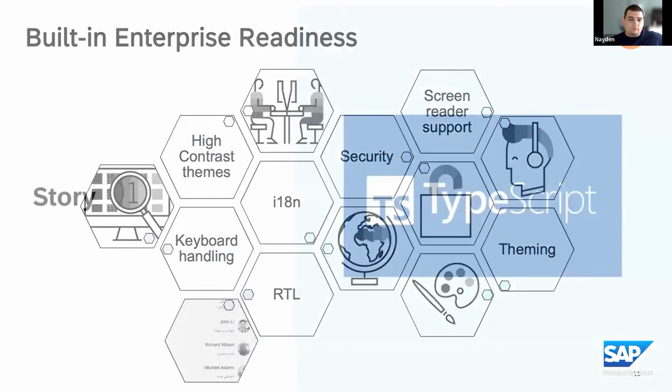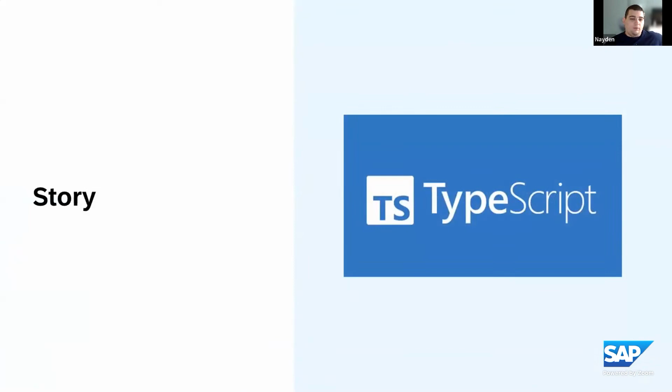So how did everything start? We started to receive many requests from our community and our stakeholders to somehow provide TypeScript type definitions for our components and our base APIs, for example, when we want to change the theme or something else.